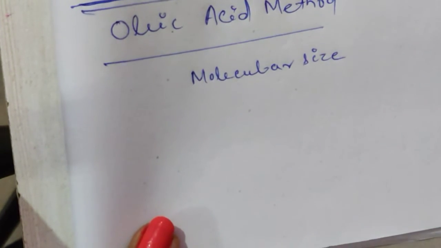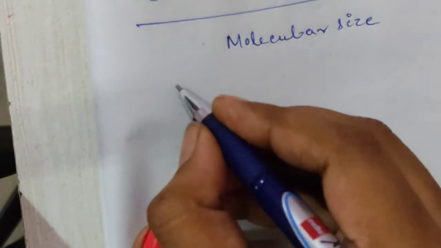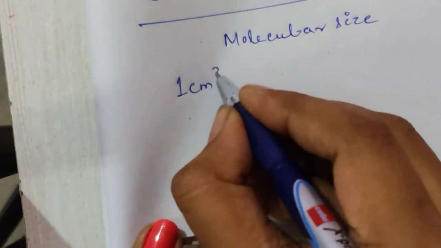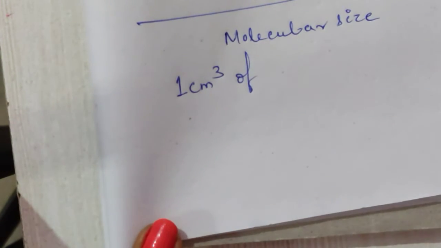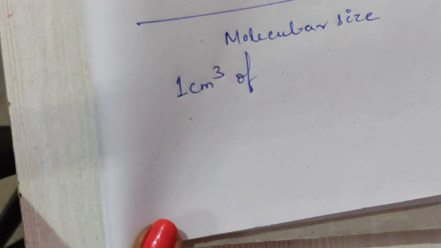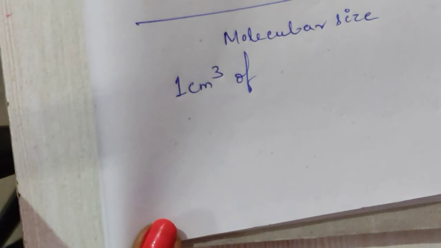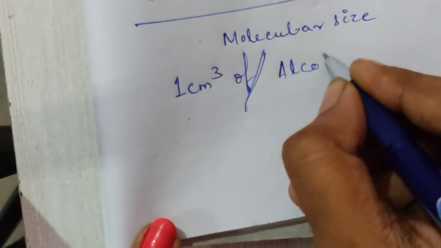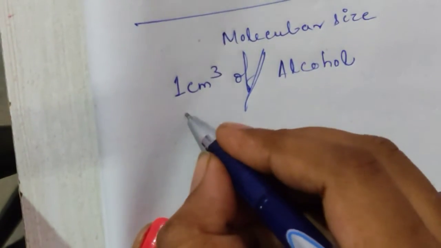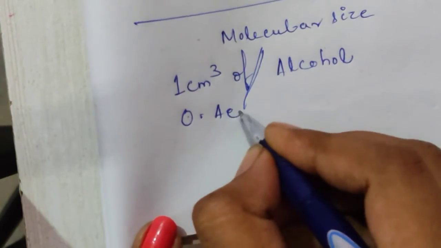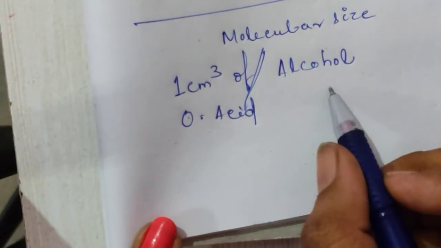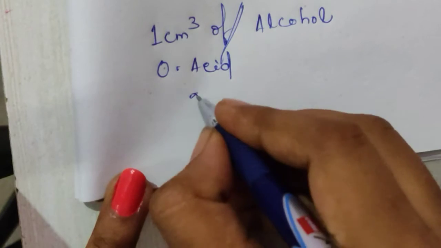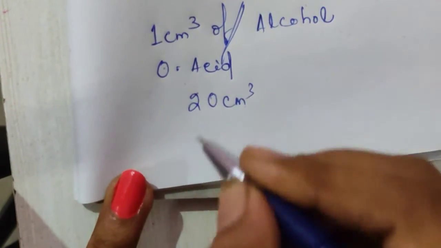For this method we have to consider 1 centimeter cube of oleic acid. Okay, and this volume of acid will be dissolved in alcohol to make a solution of 20 centimeter cube.